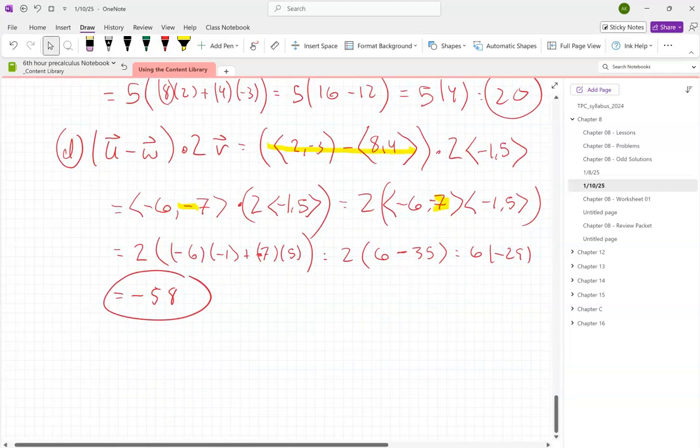All right. We have one more set of ideas and we're done for today. So the next thing I want to talk about is how to find the angle between two vectors.